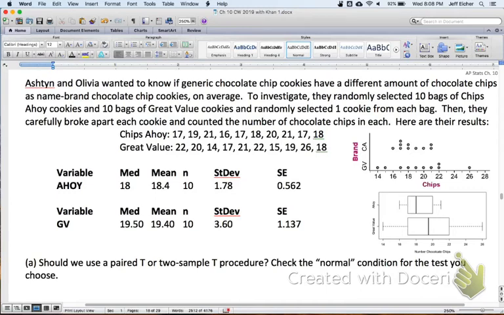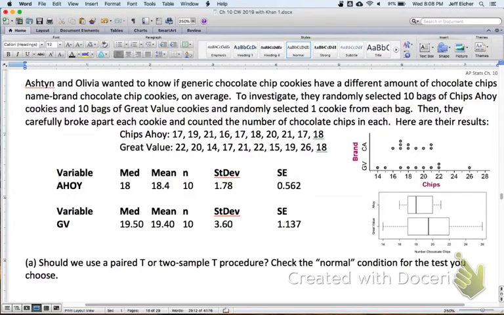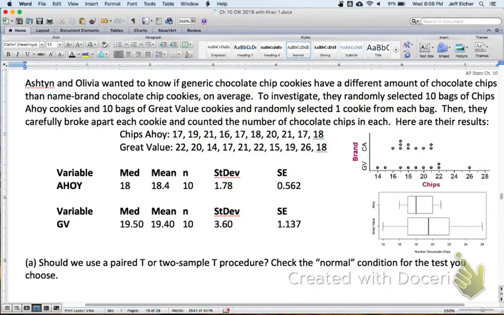Ashton and Olivia wanted to know if generic chocolate chip cookies have a different amount of chocolate chips than name brand chocolate chip cookies on average. To investigate, they randomly selected 10 bags of Chips Ahoy cookies and 10 bags of Great Value cookies, and randomly selected one cookie from each bag.